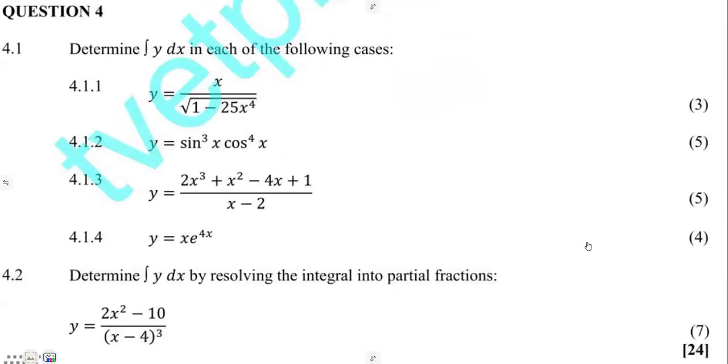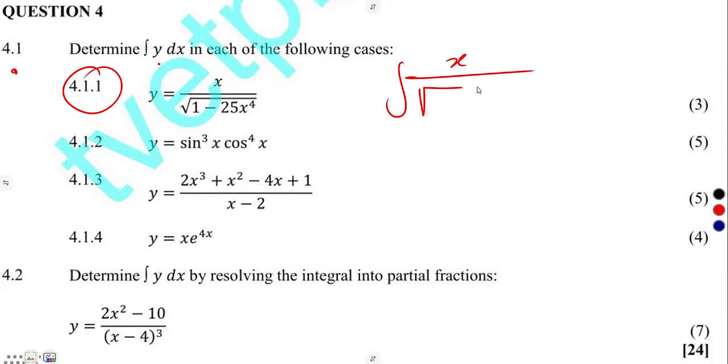All right, then let us move on to question number 4, part of our integration. And question 4.1, we're given: determine the integral of y with respect to x in each case. All right, 4.1.1, that's the integral of what? x over the square root of 1 minus 25 x to the exponent of 4 with respect to x.